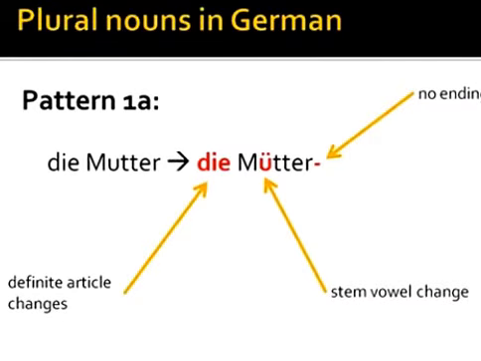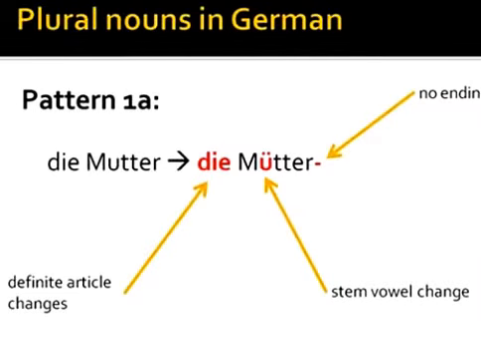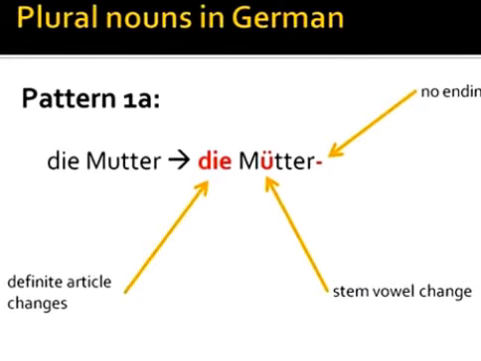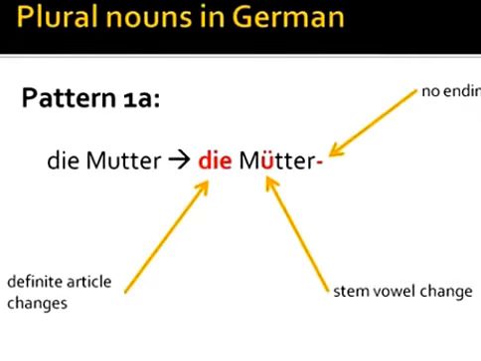So die Mutter. There is no ending on the noun, but there is a stem vowel change. So the U in Mutter goes to a U umlaut, Mütter. So it's a slight nuance. It's something that can easily slip through the cracks, that you can lose track of on your radar.